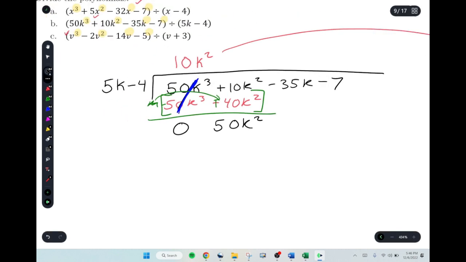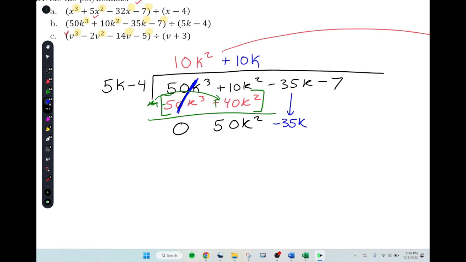Oh, look at that. It's going to be the same, huh? So when we bring down the negative 35? Well, that's just going to get affected later. Plus 10k this time. I'm going to skip the steps that I said I never skip, just for time's sake, because we're already at 45. So we'll go 50k squared minus 40k.